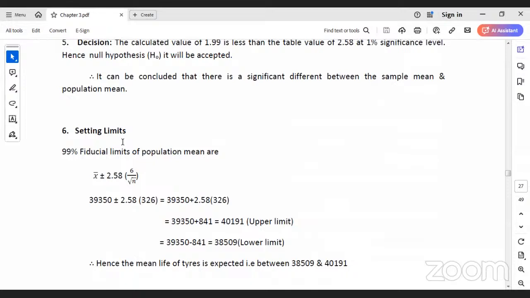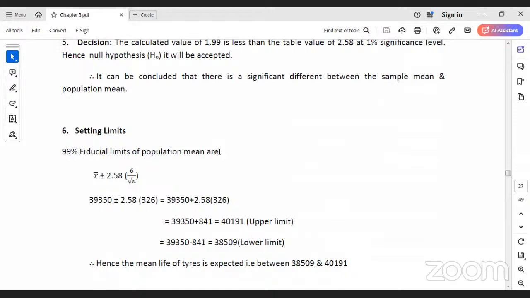Setting limits, 99% fiducial limits of population mean are x bar plus or minus 2.58 times standard deviation by root n. That is 39,350 plus or minus 2.58 into 326, which gives 40,191 as the upper limit and 38,509 as the lower limit.